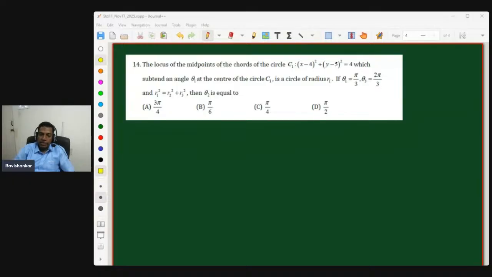So let's understand what's happening in this question. As you might have guessed, it's a JEE Main question. It's a locus question, and locus questions are generally difficult.